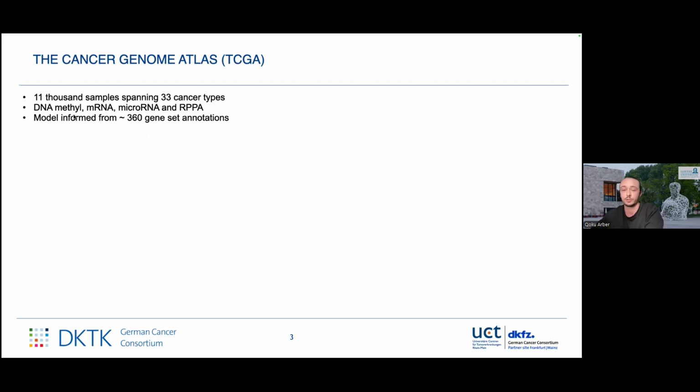So we have DNA methylation, RNA, microRNA, and RPPA, which is a proteome. And the model was informed from around 360 gene set annotations. They all come from online databases like the Hallmark, Reactome, and the KEGG database, which is readily available online.